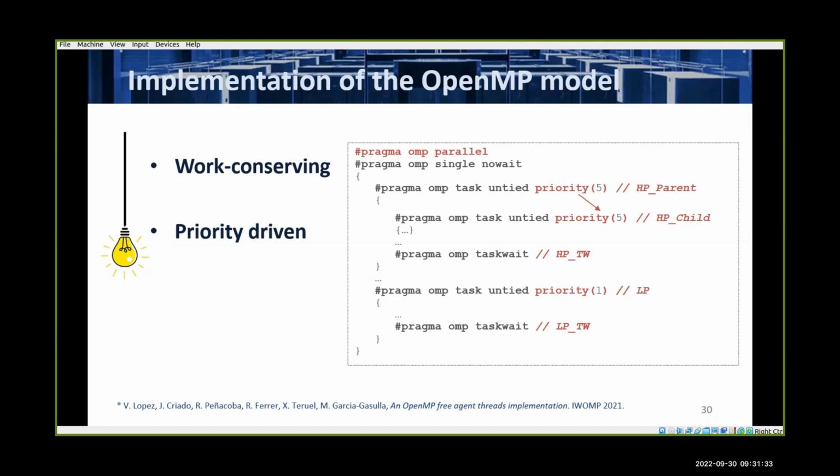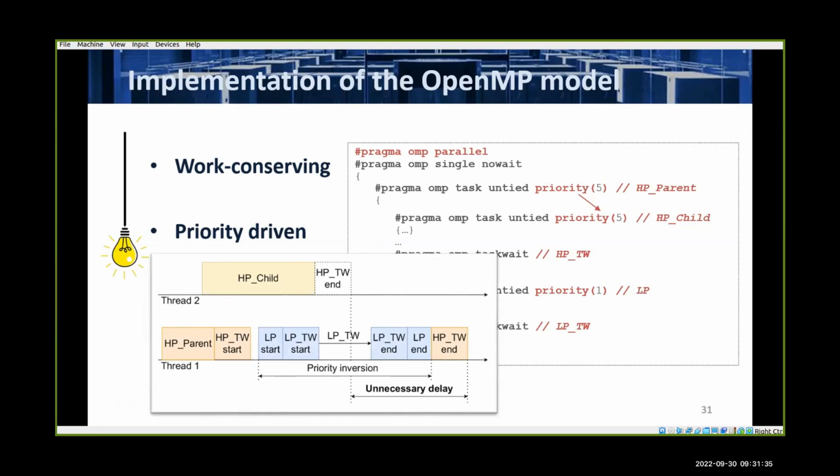What happens if the taskwait of an untied task is implemented as a loop, which is the same approach that is used in GCC to implement the taskwaits in tied tasks. So it could happen that the parent task starts, then it arrives to the taskwait, but the child task was already picked by another thread and it started execution.